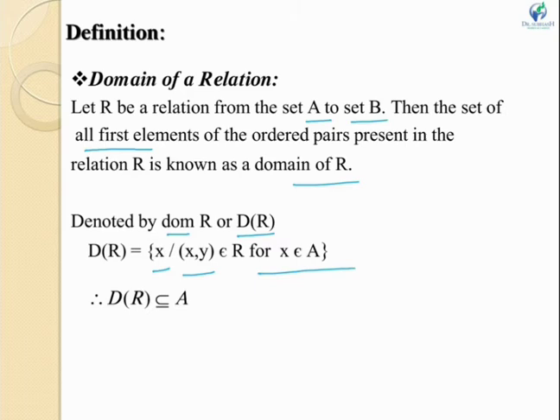Therefore, we can say that D(R), that is domain of R, is a subset of A. Just remember that from the ordered pairs, the set of first elements is called the domain of the relation.